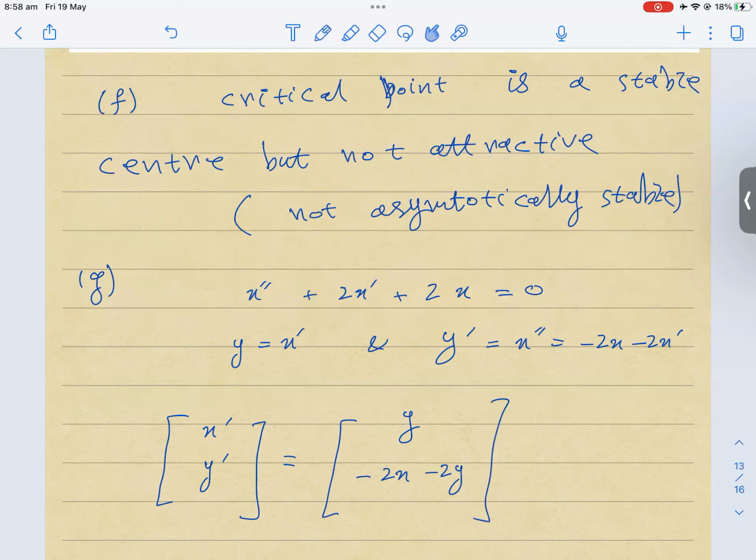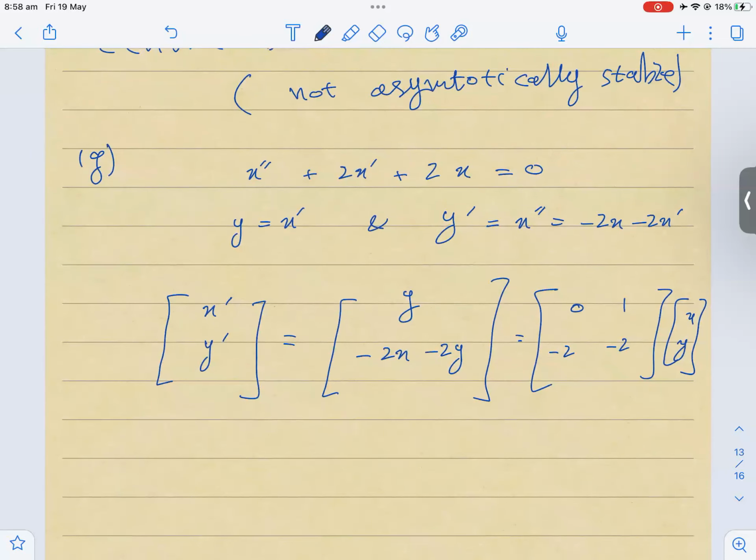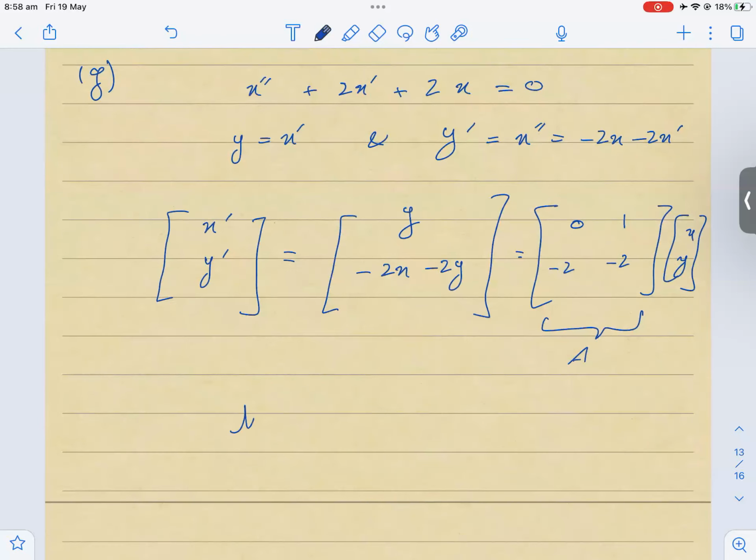So this is equal to the matrix 0, 1, minus 2, minus 2 times x, y. If this is A, the eigenvalues will be lambda equal to minus 1 plus minus i.